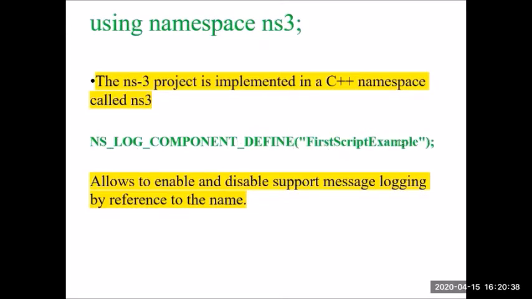Anyway, whatever name you want to give to the file is optional. So you're enabling a file by name first script example, where you're going to keep a log of all the things which happen when you run the program. So it allows us to enable and disable support message logging by reference to the name. So this is basically for logging options.